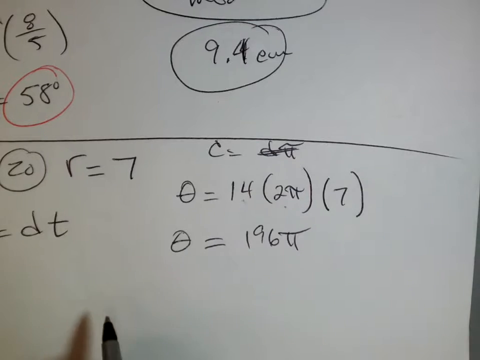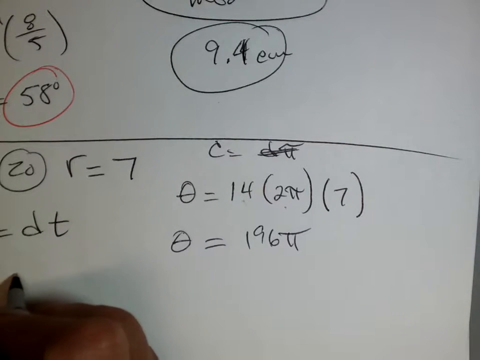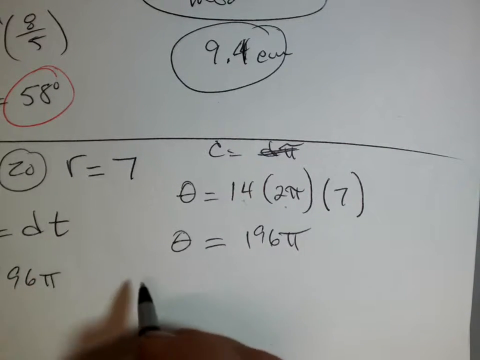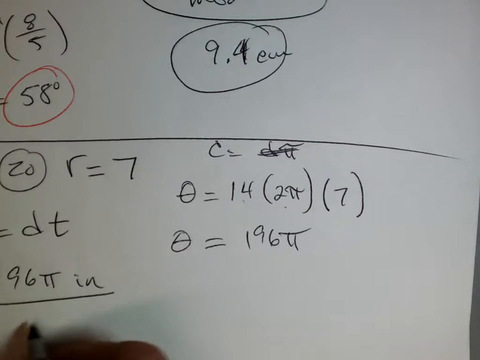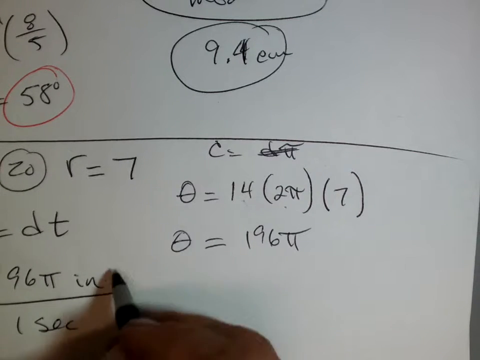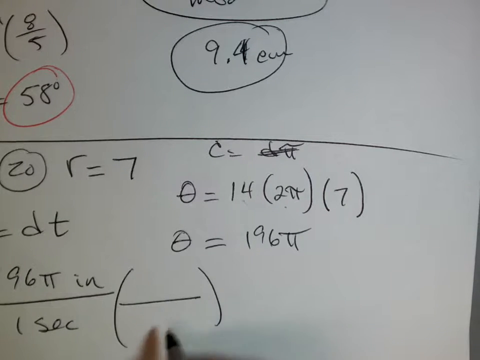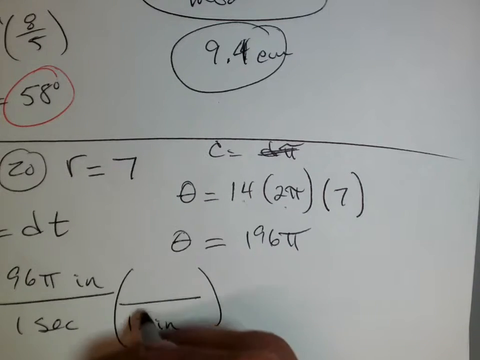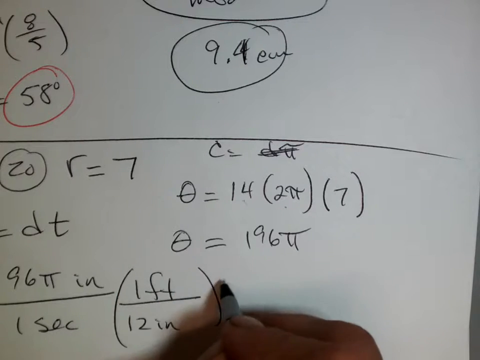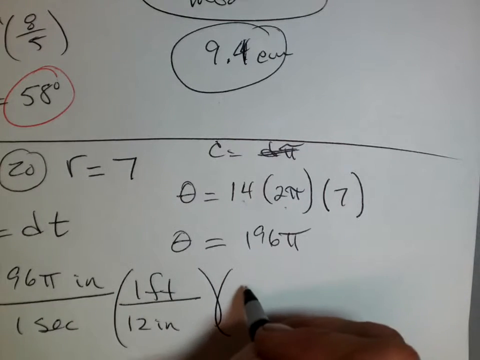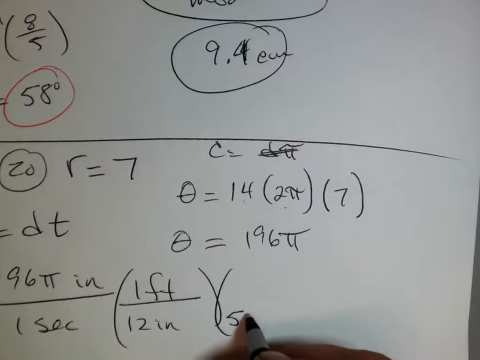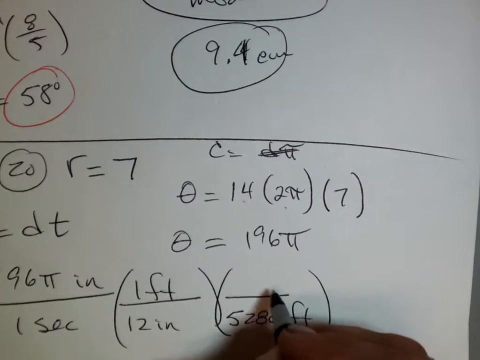So let's do our conversions, okay? So this is 196 pi inches in 1 second. Got to go miles per hour, okay? So let's do some conversions. There are 12 inches in 1 foot. There are 5,280 feet in 1 mile.